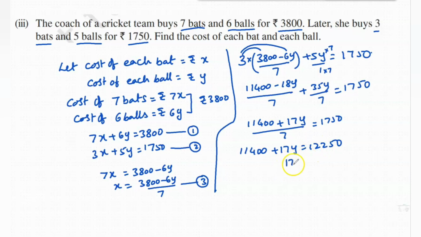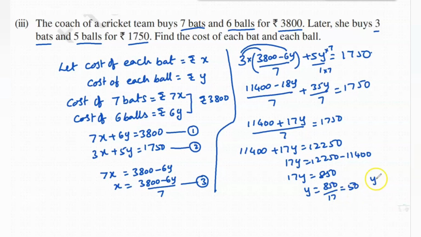Which gives you 17y is equal to, send this 11,400 to the other side, if you subtract them you will get 850, where y is equal to 850 by 17, which is equal to 50.